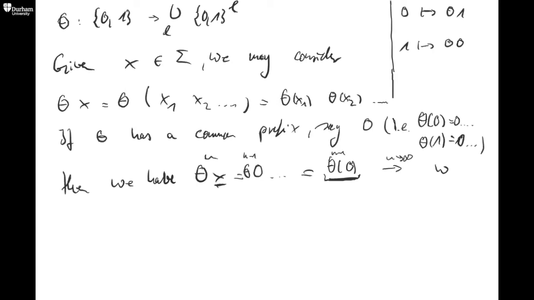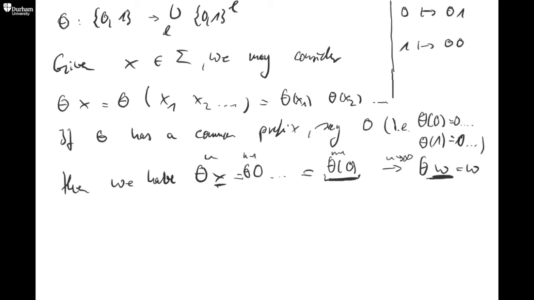And in any of these metrics, this map theta is a contraction. Clearly, the contraction rate depends on the metric, but this doesn't matter. The Banach fixed point principle gives us that we have a unique fixed point, which I may call omega, a unique limit point of this application, which then is a fixed point, of course, of our substitution.